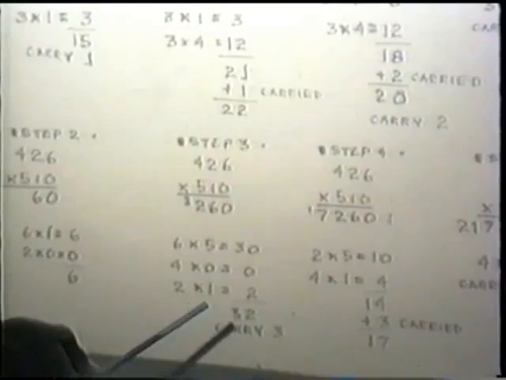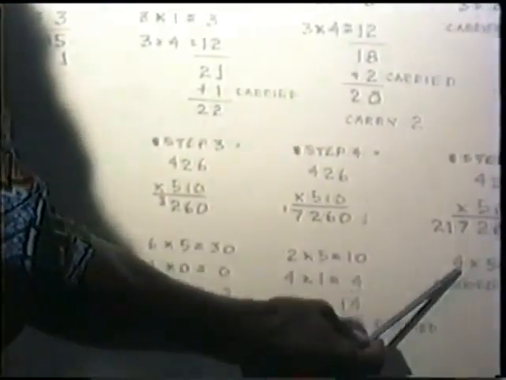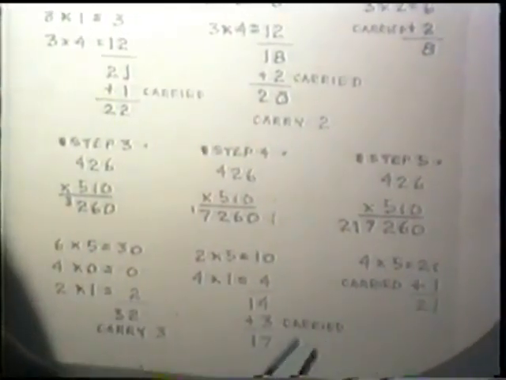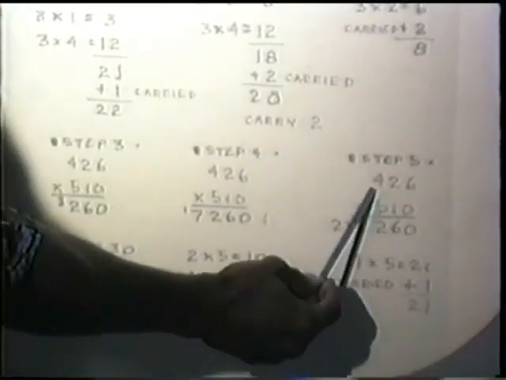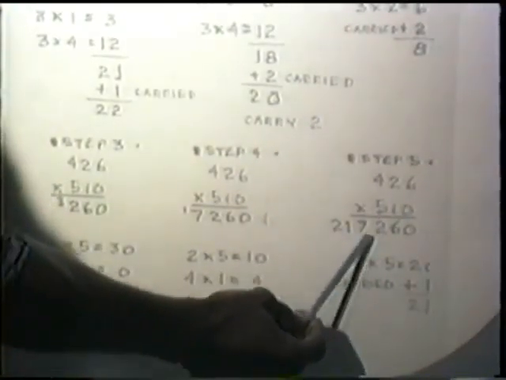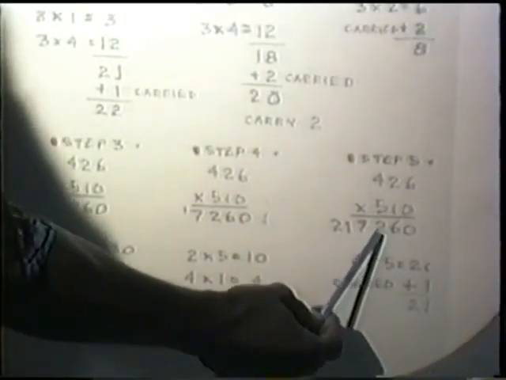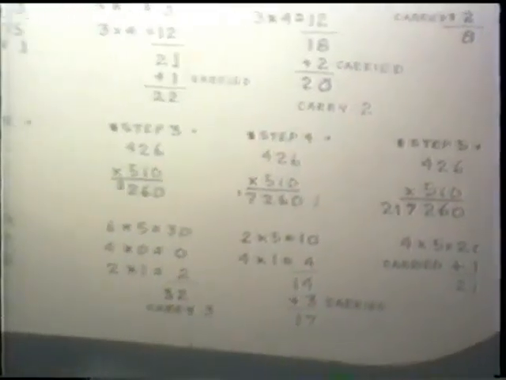Our last step is vertical multiplication. 4 times 5 is 20. Plus the 1 that we carried, which makes 21. So the answer to 510 times 420 is 217,260. That's 3-digit multiplication.